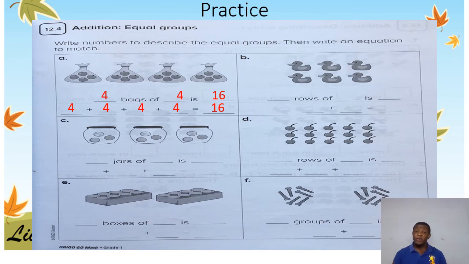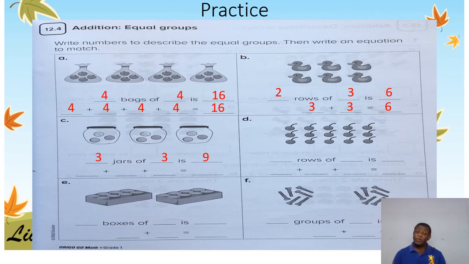Now part B. We have 2 rows of 3 ducks, which is 6. So we'll write the equation to be 3 plus 3 equals 6, I beg your pardon. Part C. 3 jars of 3 is 9.